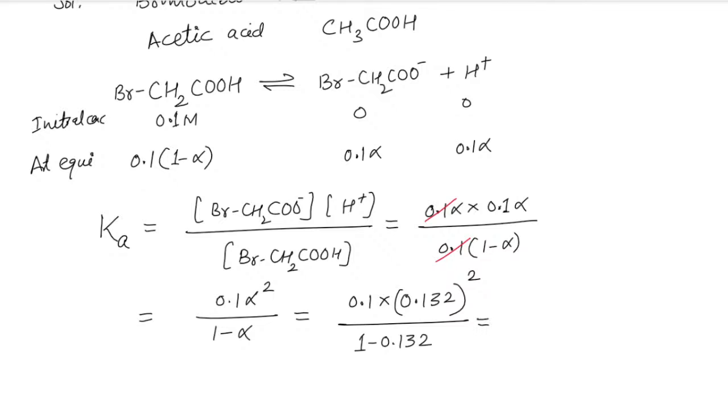So what is the value now? Can you calculate? 0.132 into 0.132 is 0.0174, divided by 1 minus 0.132, that is 0.868. So what is the value now?